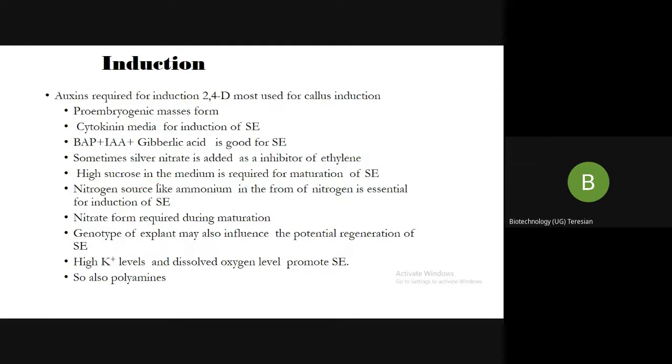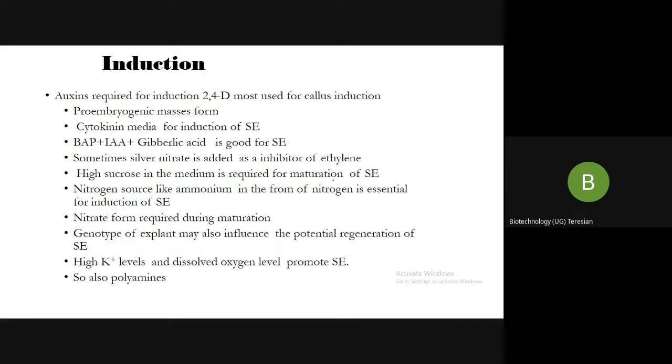And high sucrose in the medium is required for maturation of your somatic embryos. And not only maturation, it is also required for the sturdiness and hardiness of your embryo. You heard that word in the previous slide on maturation. Okay.